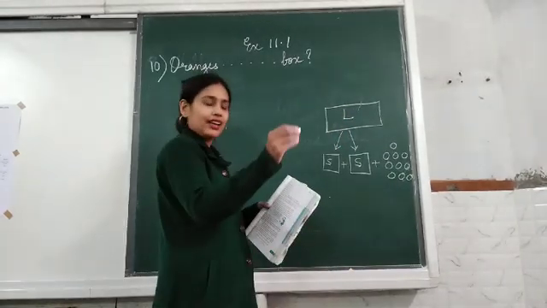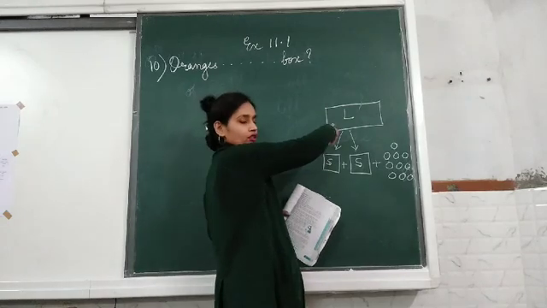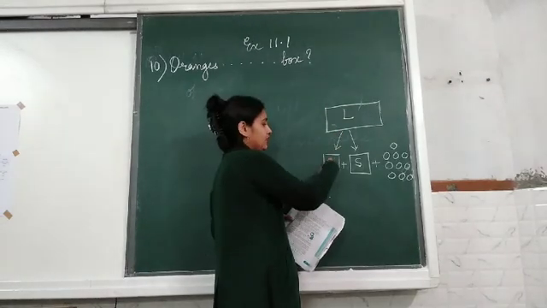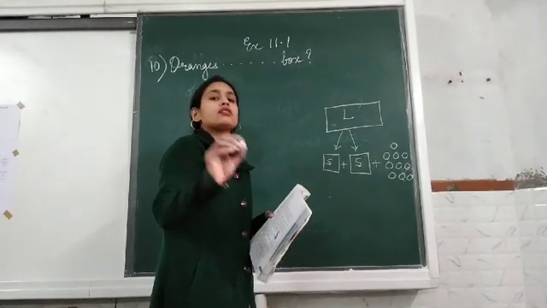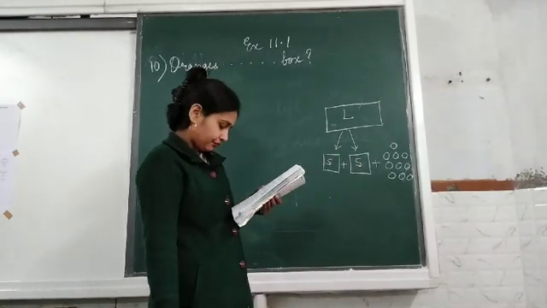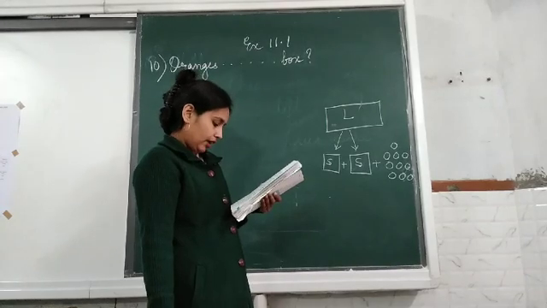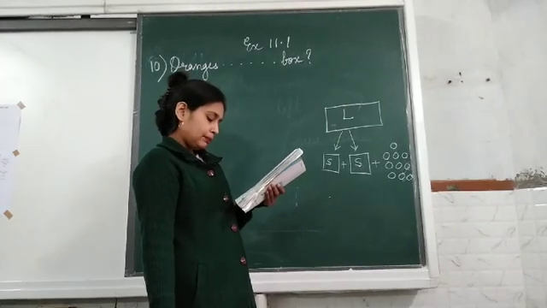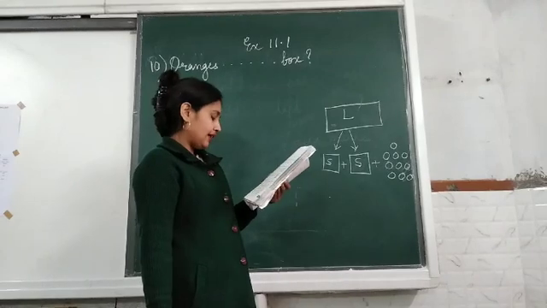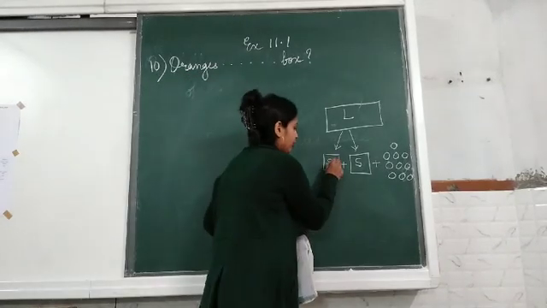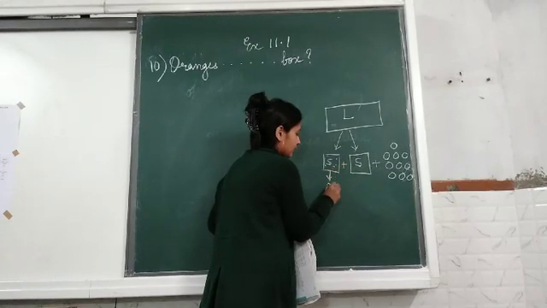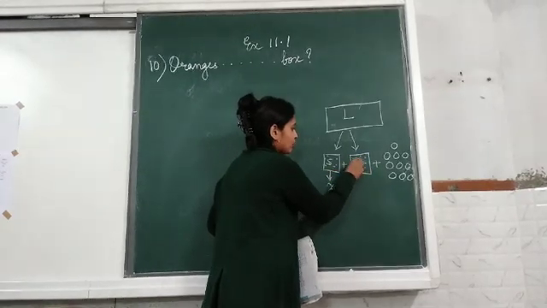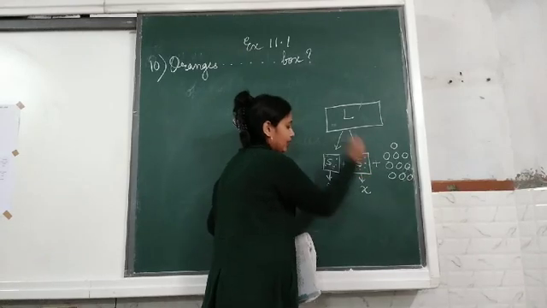10 oranges are left. This is about one large box. One large box gets emptied into two smaller boxes and 10 oranges are still left. If the number of oranges in a small box is taken to be x, then the number of oranges in this small box is equal to x, and in this small box also x.